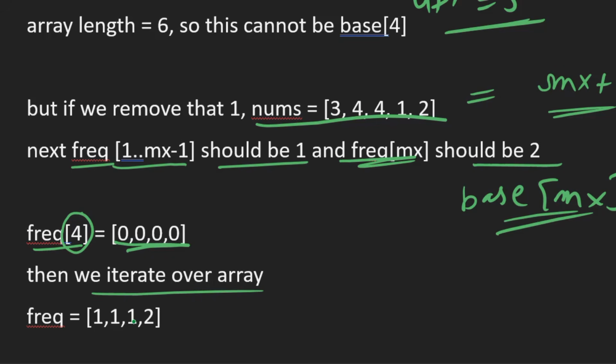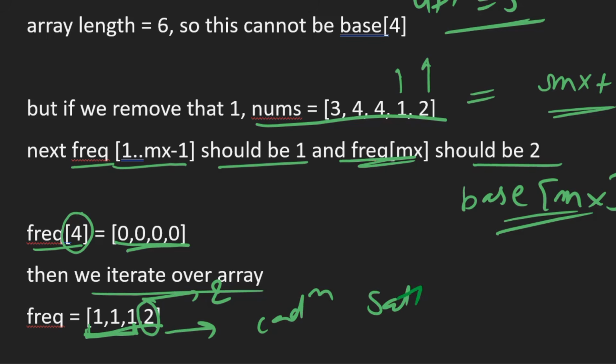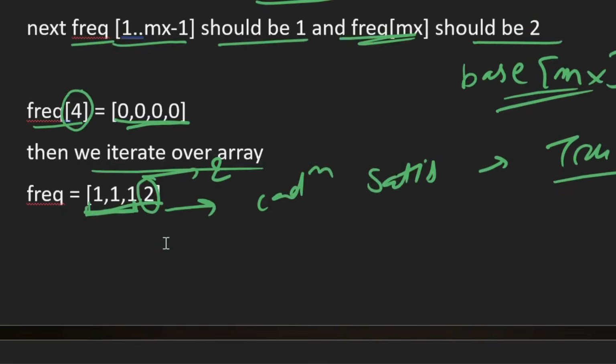So frequency of 3 is 1, then frequency of 4 we increase, frequency of 4 again we increase, frequency of 1 we increase, frequency of 2 we increase. So after iterating over the array we get this frequency array 1 1 1 and 2. So we can see frequency of mx is 2, and frequency of all the elements from 1 to mx minus 1 is 1. So our condition is satisfied, so we return true, right?